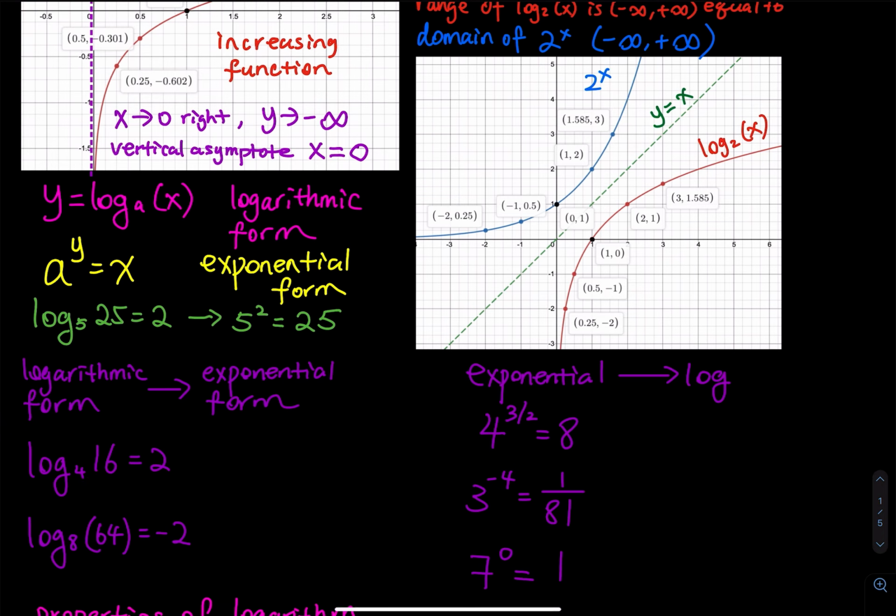So the exponential form is you write the base, and then you look over to the other side of the equal sign, pick up the number, put that in the exponent, equals 16. This is true, right? 4 squared equals 16. The other one, log base 8 of 64 equals negative 2. So 8 to the negative 2 power equals 64.